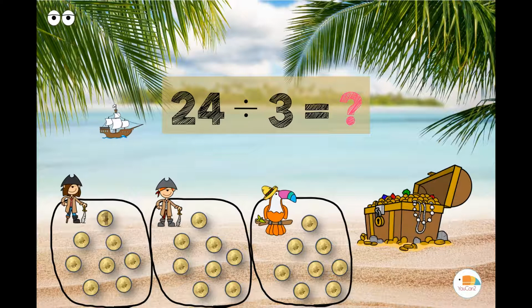Now let's figure out how many is in a group. 1, 2, 3, 4, 5, 6, 7, 8. So each of you are going to get 8 gold coins. 24 divided by 3 is 8.